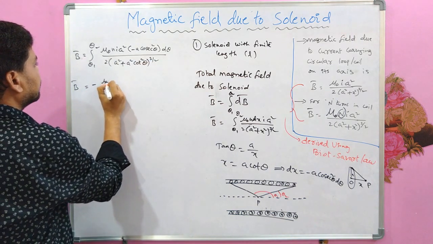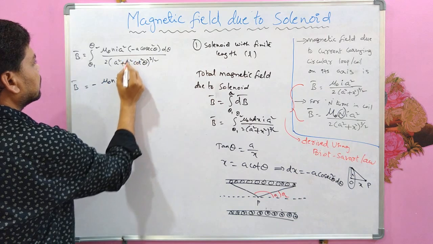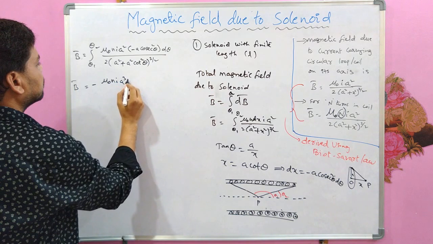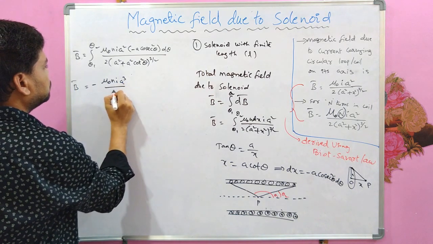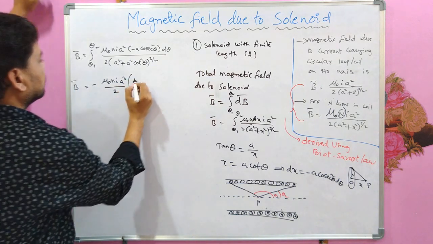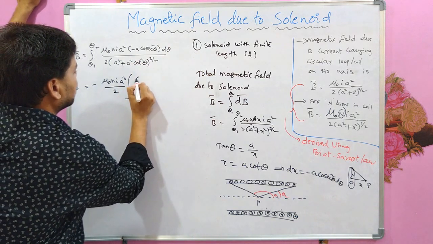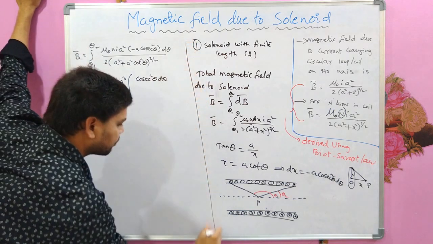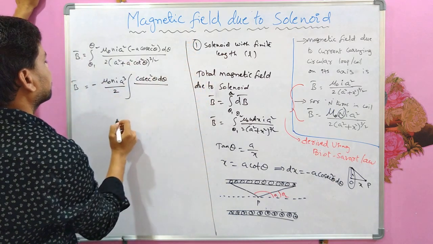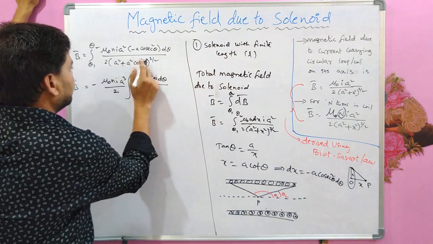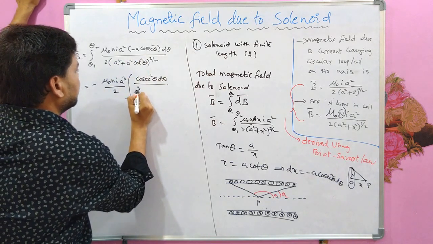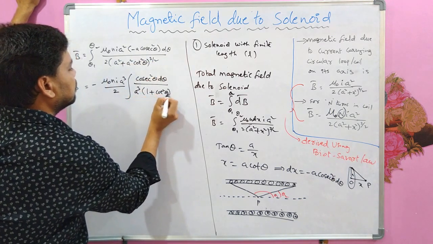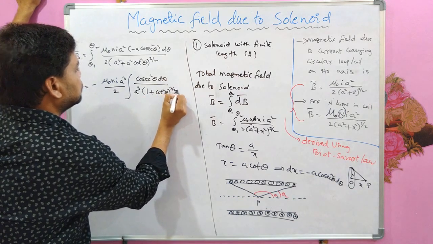So mu naught n I a cube by 2, on the numerator we will get cosecant square theta d theta, by, if you take a square common it will be a cube again, 1 plus cot square theta whole power 3 by 2.